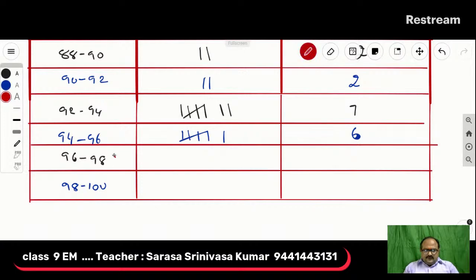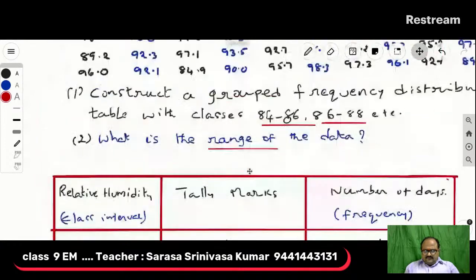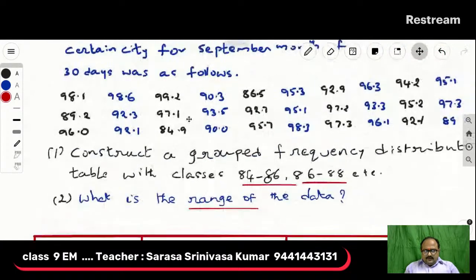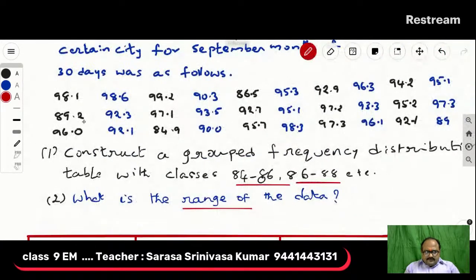Next, we consider the class interval 96 to 98. Next class interval is 96 to 98. So this is the first observation. Let us note down the class interval 96 to 98. This is the class interval.